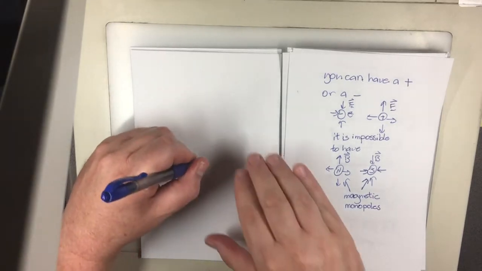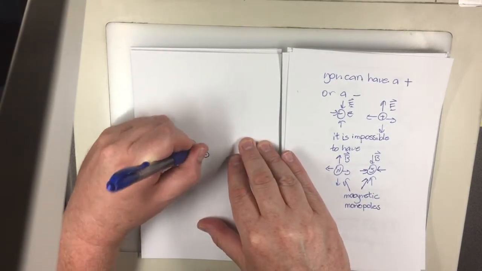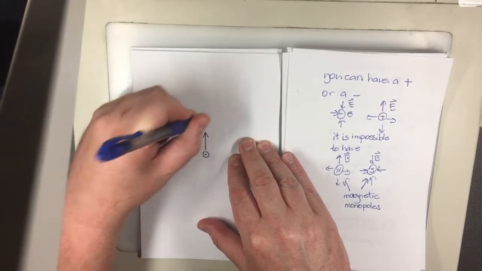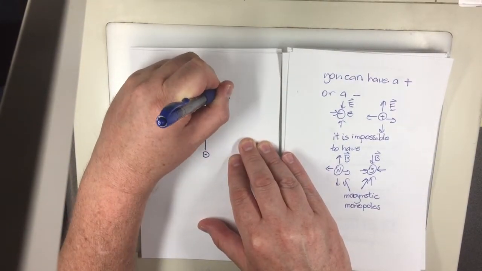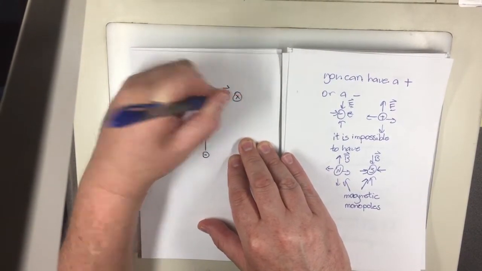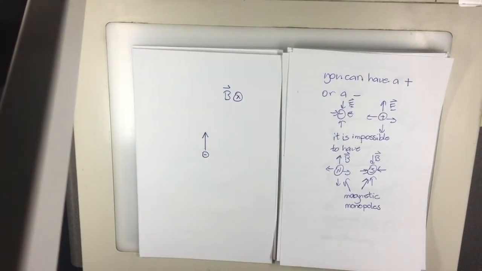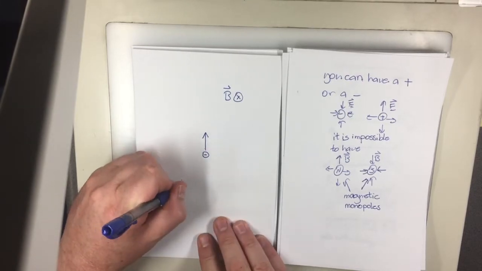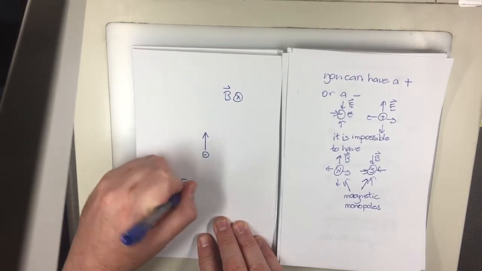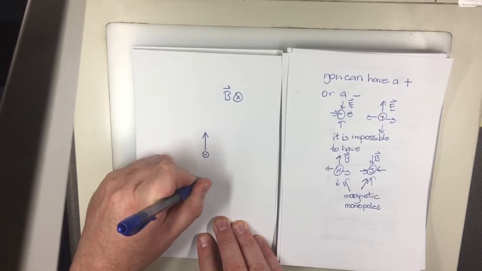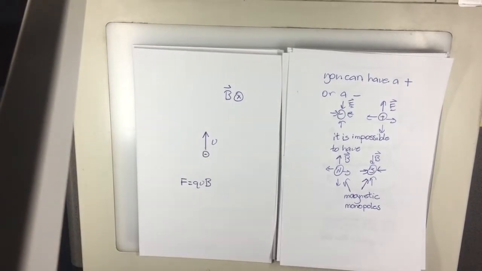If you have a charge passing through a magnetic field, and this is where the right-hand rule now comes into play, the magnitude of the force of a charge entering a magnetic field is the charge itself times the velocity times the magnetic field.